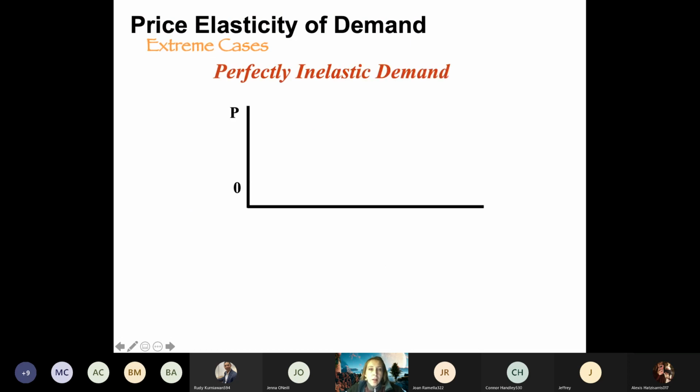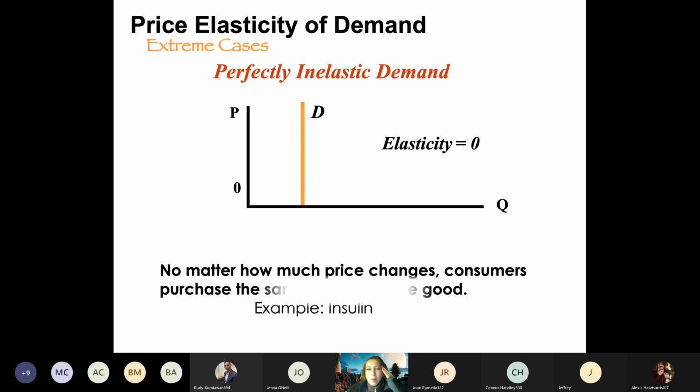Okay. A couple of extreme cases. In the case when demand is virtually vertical, so not elastic at all, why would that be possible? In this case, no matter how much the price changes, we will buy that same amount, at least within reasonable price values.